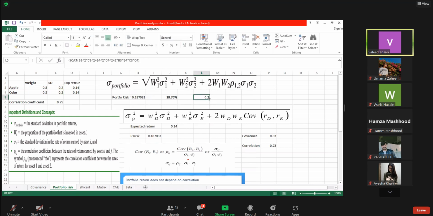The point it has been rounded off. I think there is some mistake. The portfolio risk should be 18.3. Let me check it.